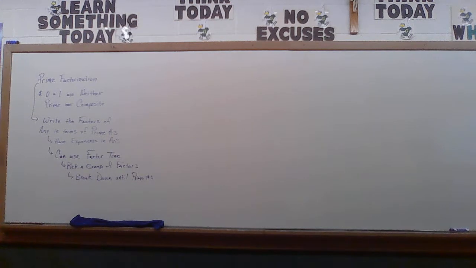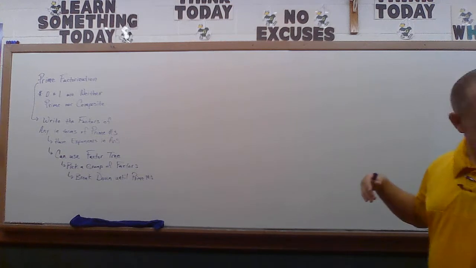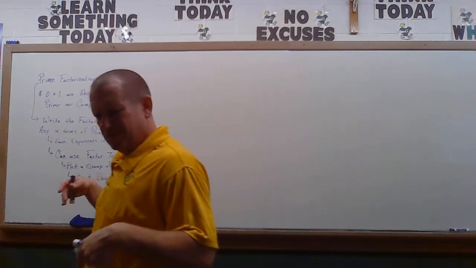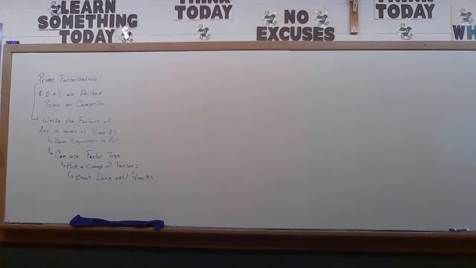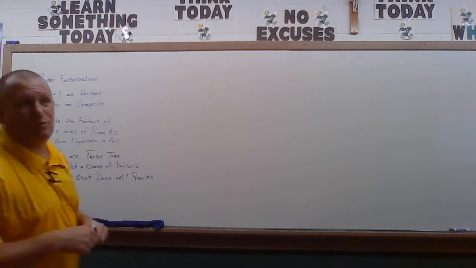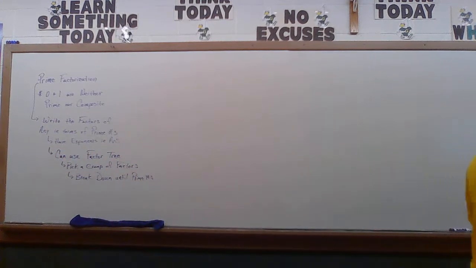What are factors of 72 that work? 2 and what? 36. 2 and 36. 8 and 9. What else? 3 and 24. Okay, so we'd have a bunch of those, and we can use whichever one we want.